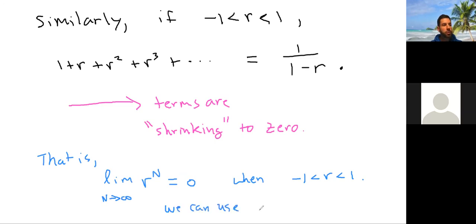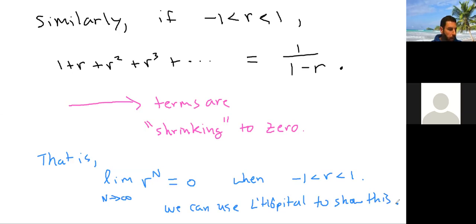You can use L'Hopital to show this. I'm not going to go through it, but if you want, you could. A better way is to just convince yourself: take any number between -1 and 1 and raise it to a large power, and it's going to be close to 0.